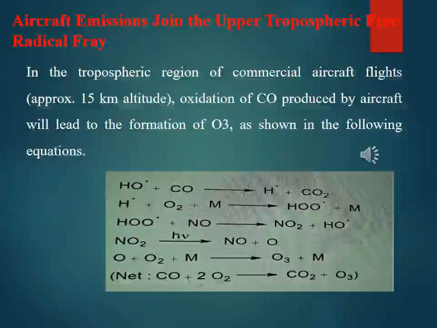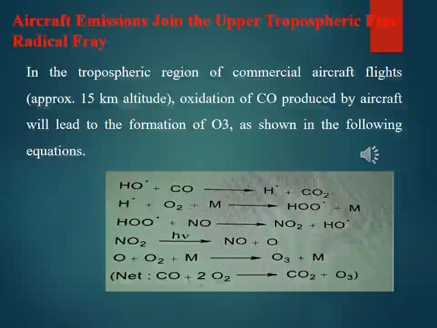HO radical, or hydroxyl radical, emitted from the aircraft emission reacts with carbon monoxide to form H radical, hydrogen radical, and carbon dioxide. This reactive atomic hydrogen, or hydrogen in the form of a free radical, reacts with oxygen to form HOO radical, the perhydroxyl radical.